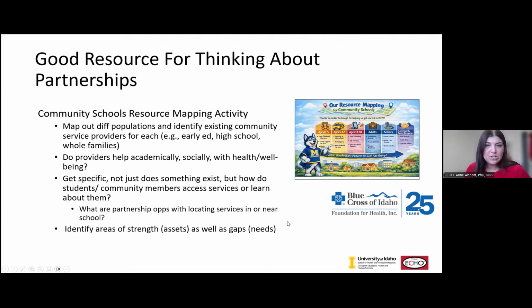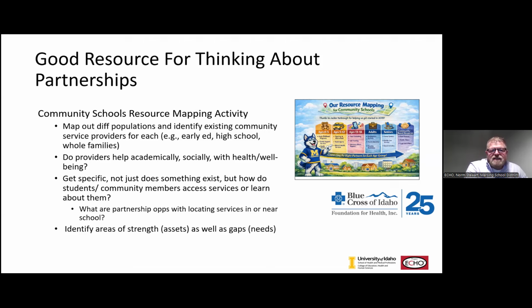And then last but not least, Norm has some fun resources for thinking about partnerships. And so this would be a great opportunity for each of you to be able to try to identify some of the partners that are in your area and how they can address those needs overall. So really, we're asking you to map out the different populations and identify the existing community resources that are there, and then to be able to provide that can provide also help academically, socially, and overall for health and well-being.